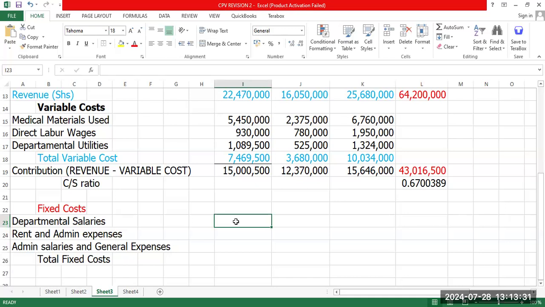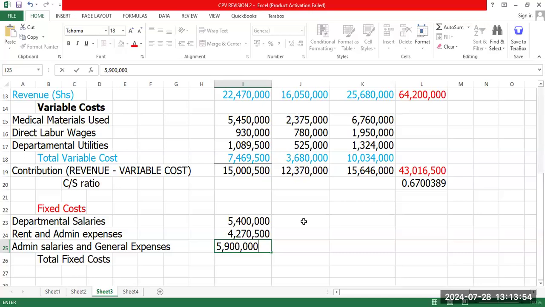Departmental salaries, we have 5,400,000. Then for rent and administration, we have 4,270,500. Then admin salaries, we have 5.9 million. Then I add the total here, this one plus this plus this.